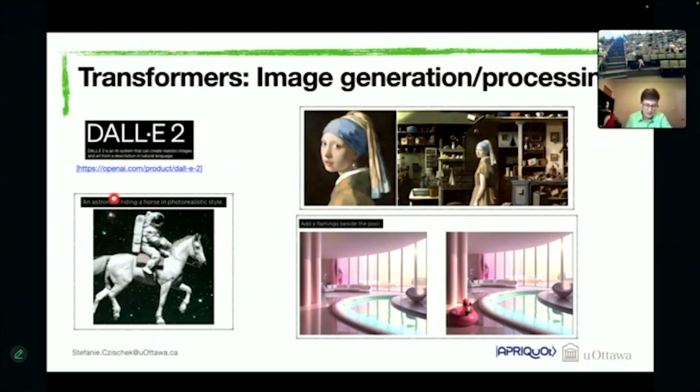So for example, they can generate images just out of some text that we give it. They can draw an image around a smaller image, which still looks very, very realistic. They can add elements into images if we ask them to. And this all looks very realistic, and it's very impressive how transformers can deal with this data.